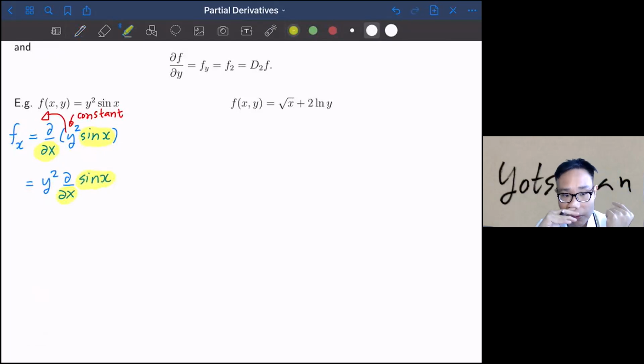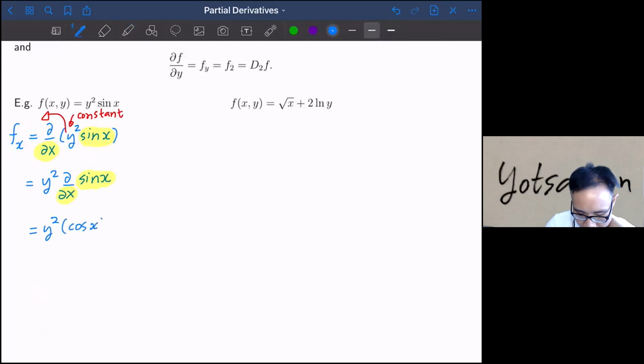The derivative of sine x gives you cos x. So you get y squared cos x, and this is the first partial derivative of the function f with respect to x.